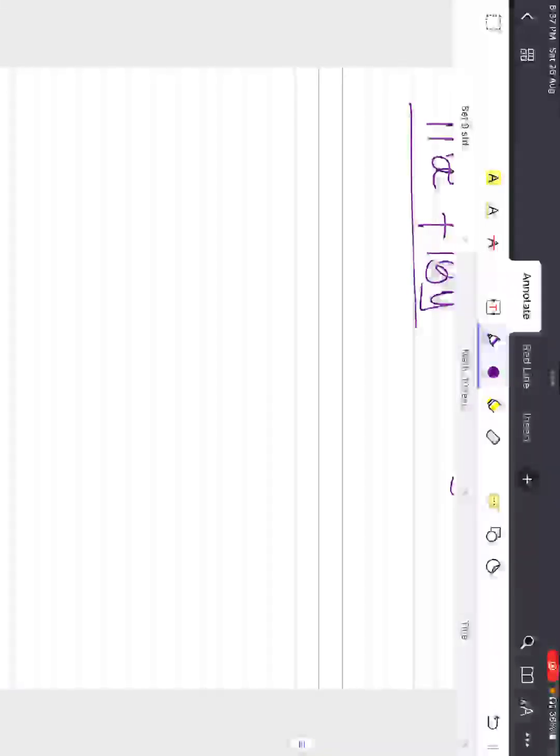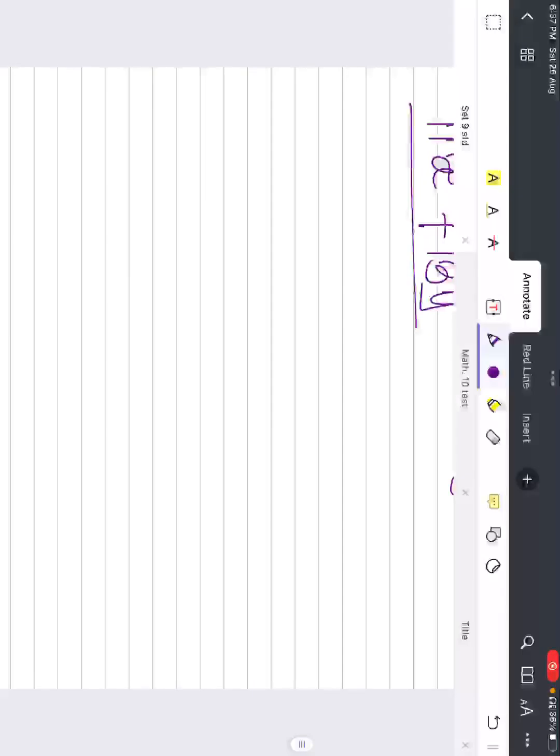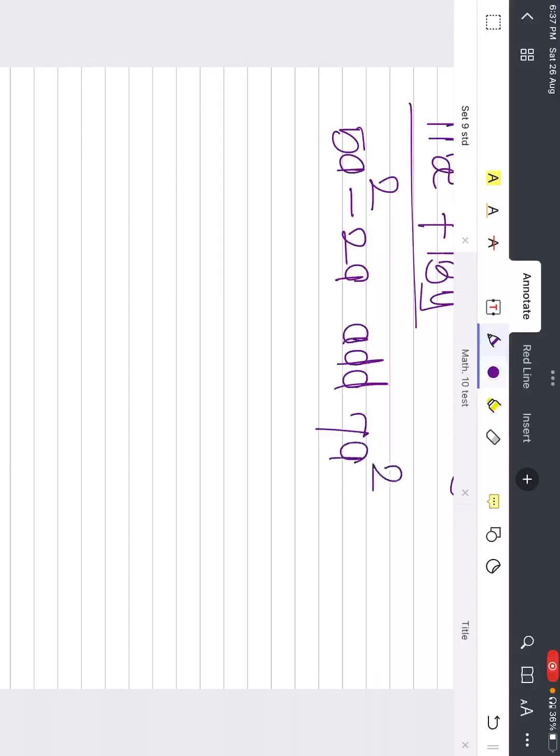Let's move on a little bit. We will take another example. Let's assume 5a square minus 2a. Now we have to add this with 7a square plus 5a plus 6. Let's assume this is the question.